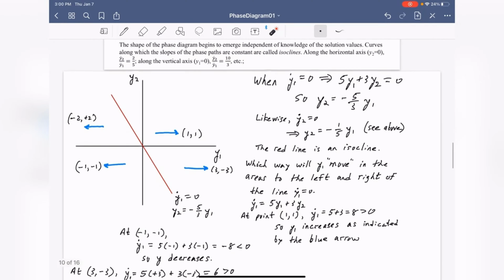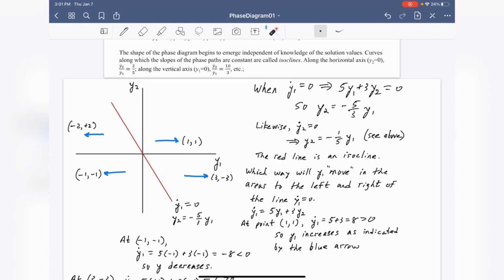Likewise, we've seen that for y2 dot equals 0, we get that k equals 1/5. The red line is an isocline, so we've calculated this red line for y1 dot 0, and its formula is given by y2 equals minus 5/3 y1.